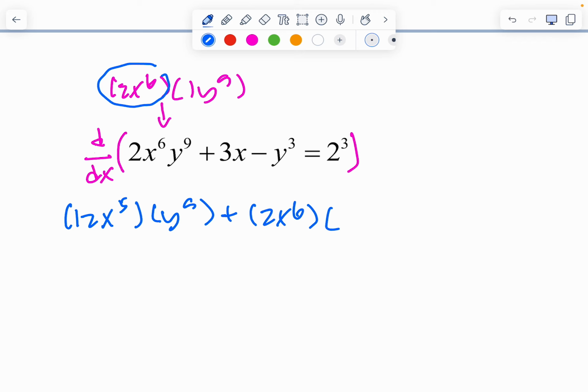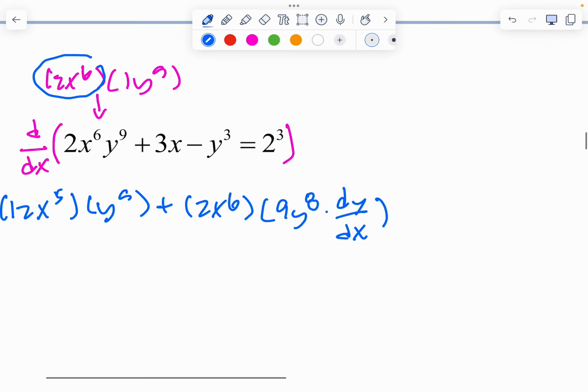Kaden, what is the derivative of 1y to the 9? 9y to the power of 8. Yep, 9y to the power of 8. Now, we just changed the y value, correct? So what do I need? dy over dx. Now, let's derive the next one. Okay, Kyle, what's the derivative of positive 3x?